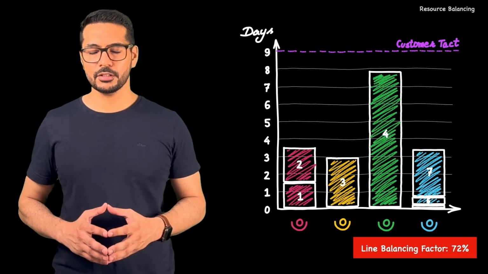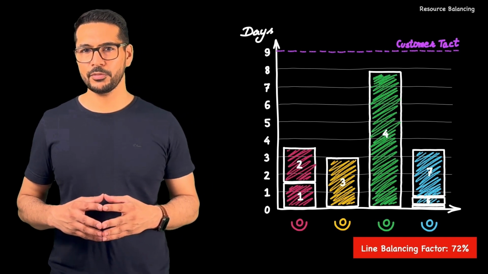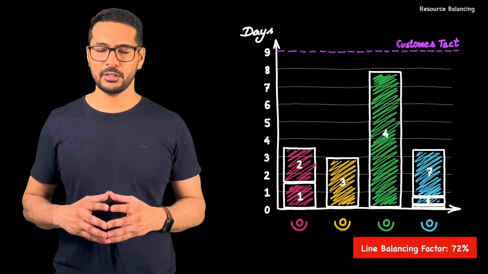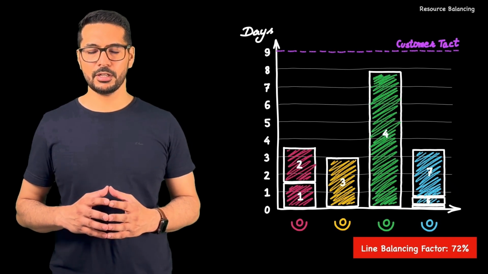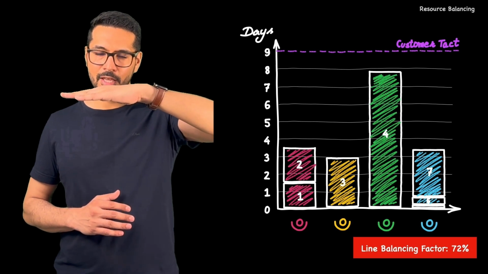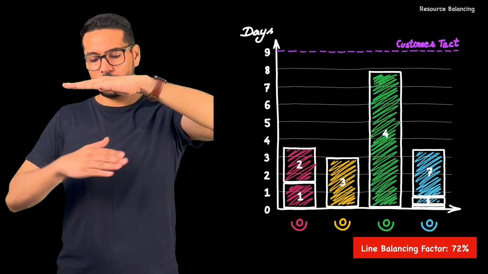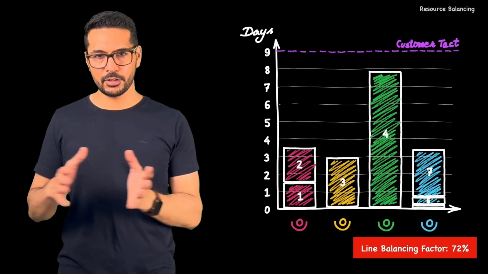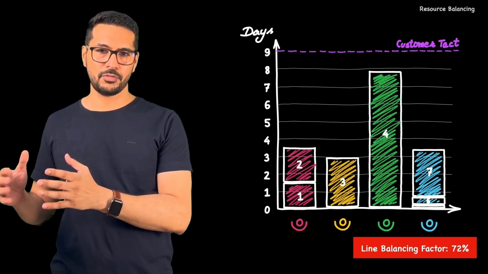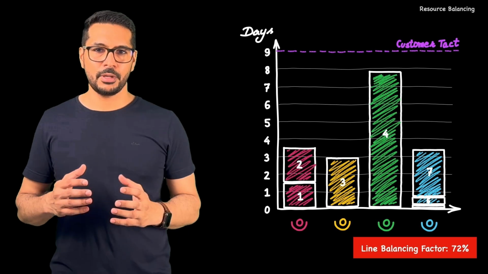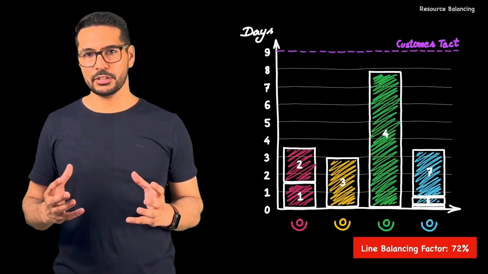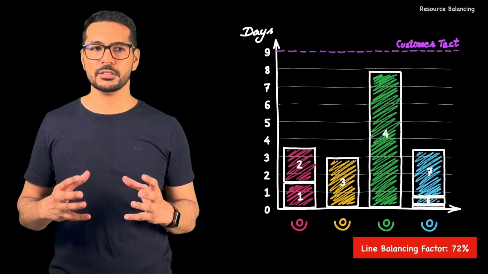In this case we don't have the problem of delivering to the customer in time. The customer takt is 9 days and all the activities are below this takt time. So it means we will be able to deliver these tasks to the customer within 9 days. But here in this office area, the main problem is the waste.